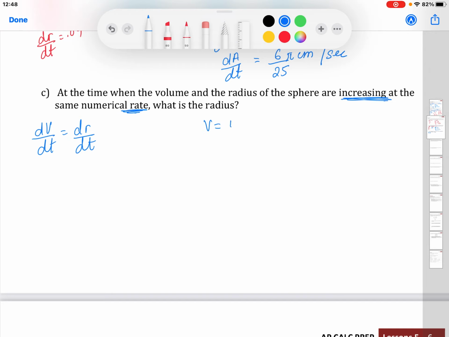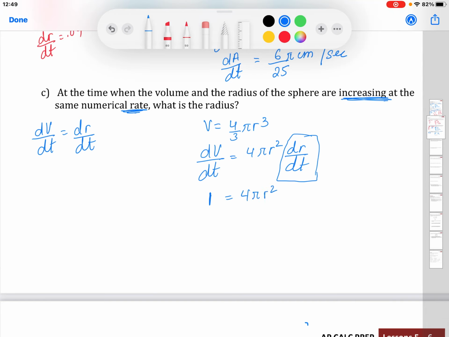So I'm going to write my volume formula, which is 4 over 3 pi r cubed, and take the derivative. It's dV dt equals 4 pi r square dr dt. So what can I do? Can I not substitute dr dt with dV dt? So these will cancel out, and I'll be left with just 1 equals 4 pi r square.